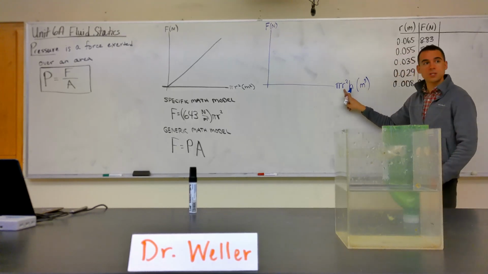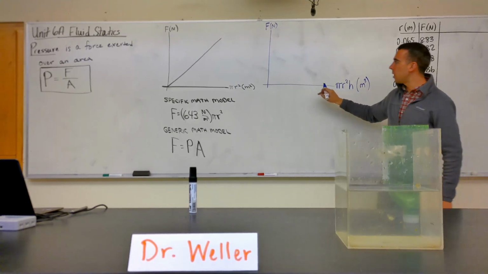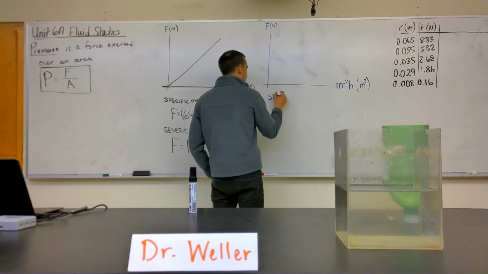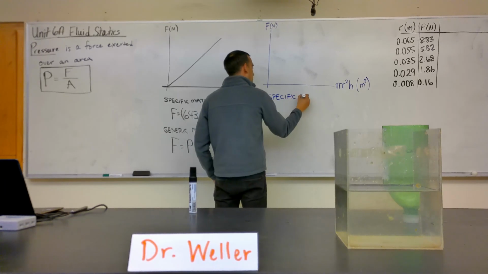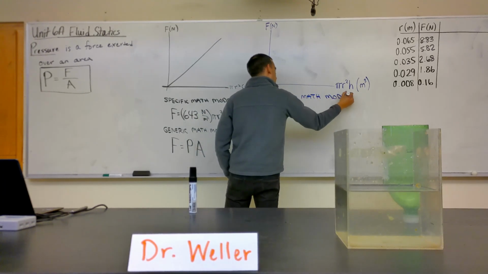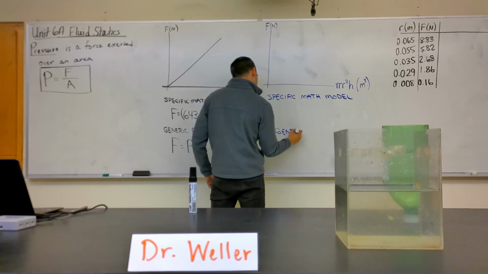We'll have r squared, which is in units of meters, h, which is in units of meters. And so let's see what kind of trend we get and what kind of specific math model and generic math model we get.